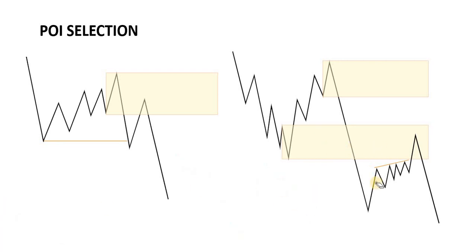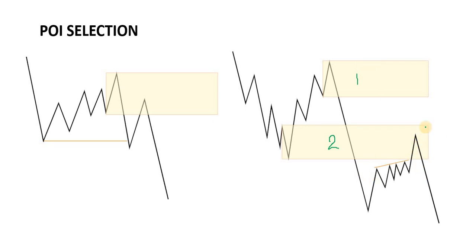Price may most times react from the secondary point of interest, but I always like to be very safe, and I always like to trade from the primary point of interest.